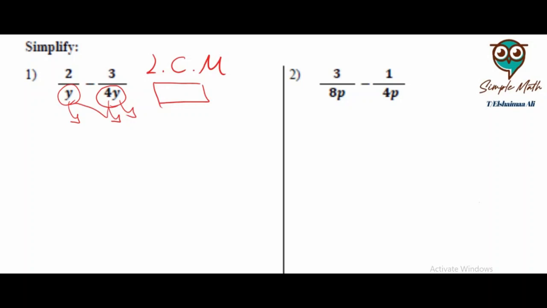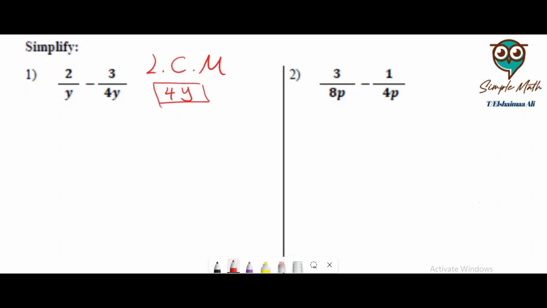So the expression will be 4y, because here we have just one 4 and also y as a symbol. So the common multiple will be 4y for the denominator.